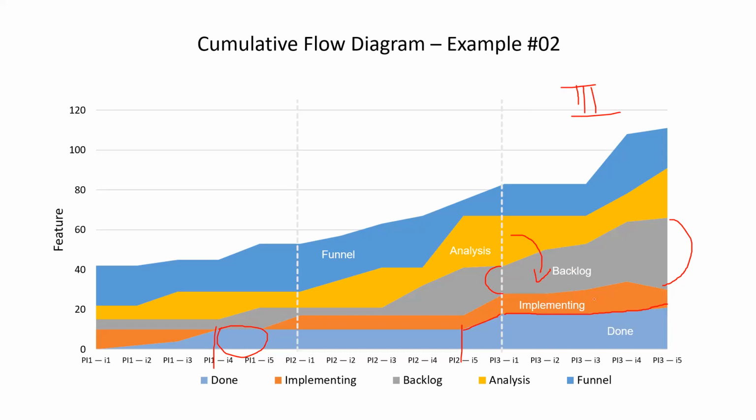Again, the team got stuck. The team is unable to make progress because too many things are in the backlog. They might be getting pressure, a force from the management or from the client. Everything moved to the backlog almost. So the team started pulling items into implementing here, but still the done progress is not moving up.